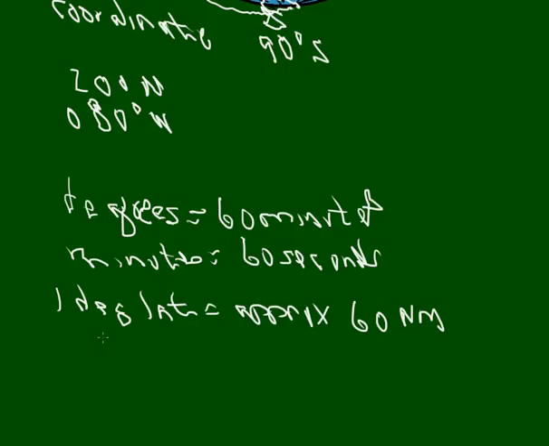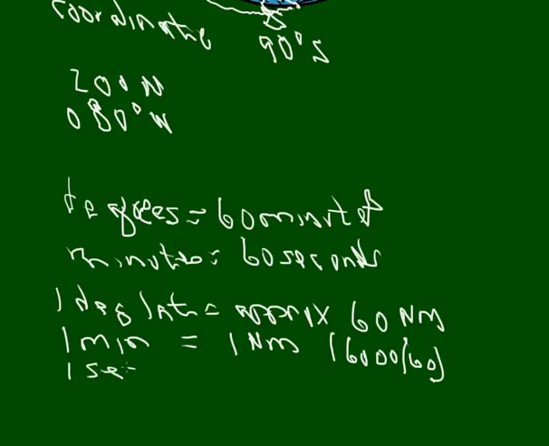So if 1 degree of latitude equals 60 nautical miles, then 1 minute of latitude equals approximately 1 nautical mile. And since there are 6,000 feet, more or less, in a nautical mile, if we divide that by 60, then 1 second of latitude equals about 100 feet. So a coordinate that is expressed in degrees, minutes, and seconds is accurate down to about 100 feet.